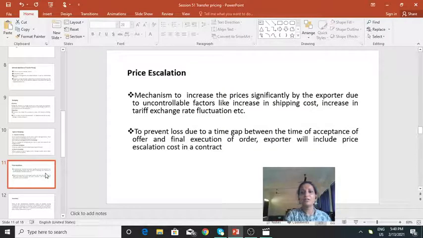When we talk about the international market, there are many aspects to consider, like an increase in shipping cost, an increase in tariff, exchange rate fluctuation, etc. Or it can be to prevent loss due to the time gap between the acceptance of the offer and the final execution of the order. The exporter will include a price escalation clause in the contract. So that is price escalation.